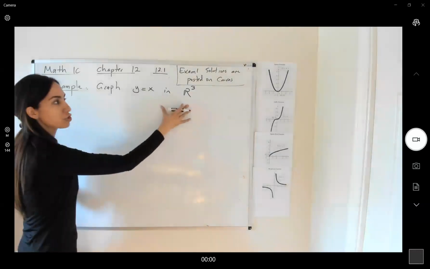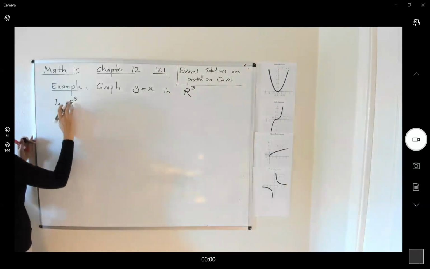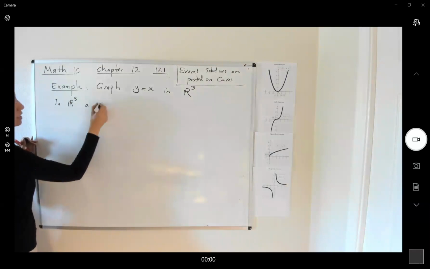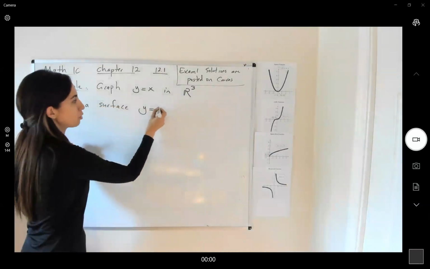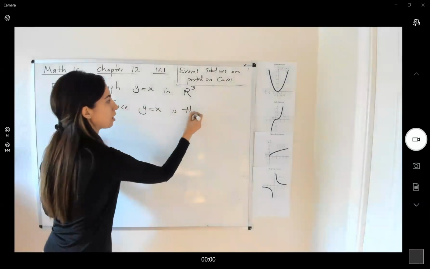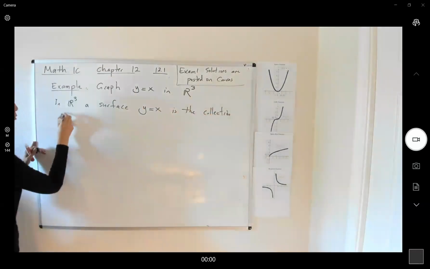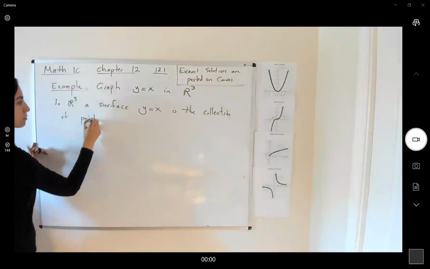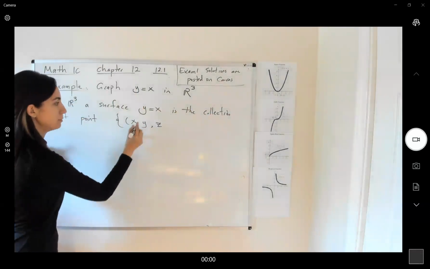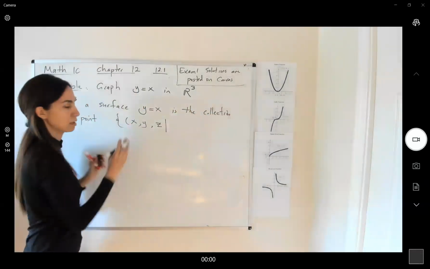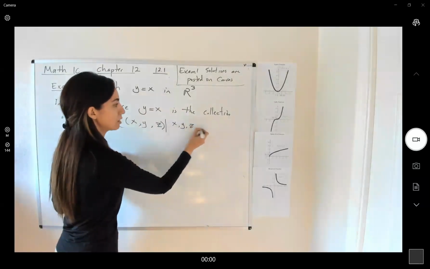In three-dimensional space, in R3, the surface y equals x is the collection of points x, y, and z such that x, y, z are all real numbers.